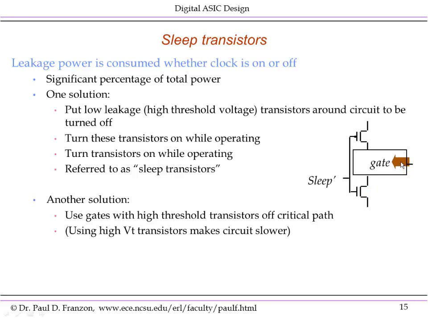So even if the transistors in here have a low threshold voltage and a high leakage, it doesn't matter. Kirchhoff's current law will limit them to the current coming through these 2 outside transistors. So when you're in sleep mode, you turn both these transistors into a deep off state and minimize the leakage power in the circuit. And increasingly there are standard cells that come with these sleep transistors built into them.